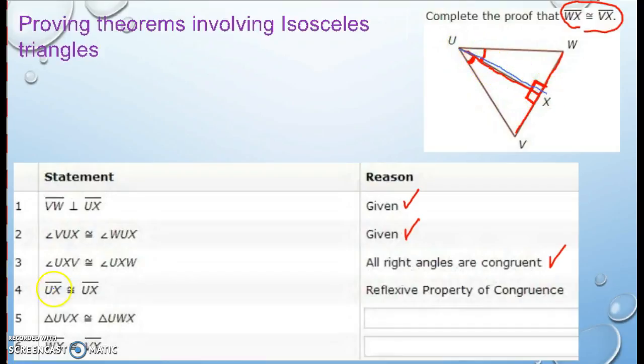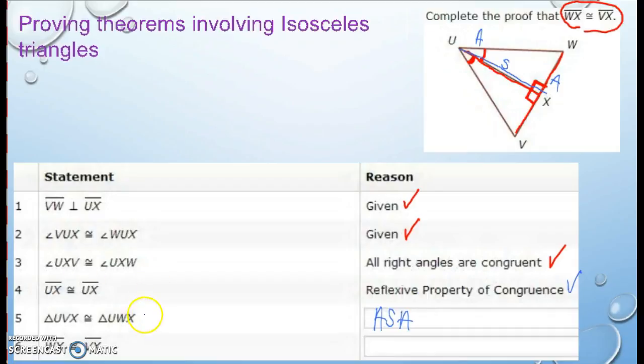So I can say that UX is congruent to itself using the reflexive property of congruence. Now I've got to look through my proof and see how I just proved those triangles to be congruent. I've got an angle, the side in between, or the included side, and another angle of each triangle. So I have angle, side, angle. And that is one of the 5 ways I can use to prove triangles are congruent.